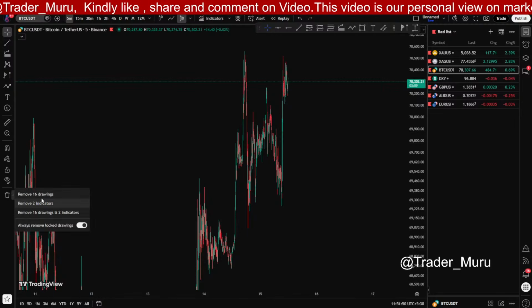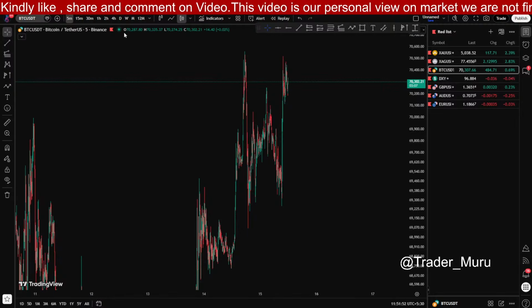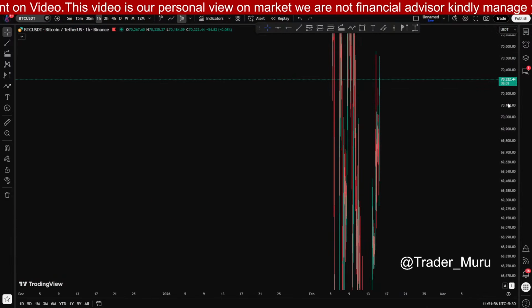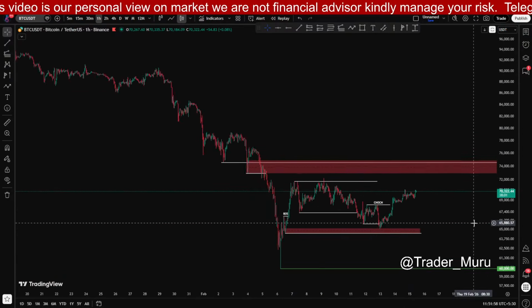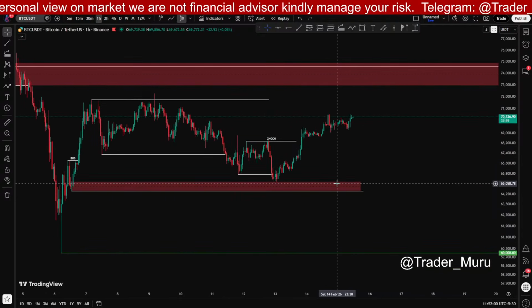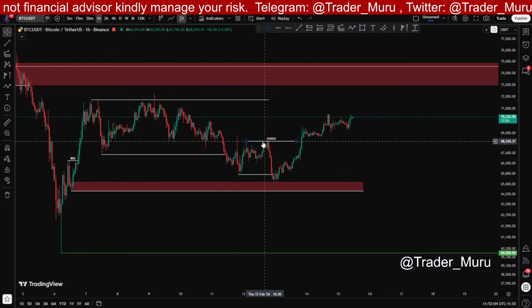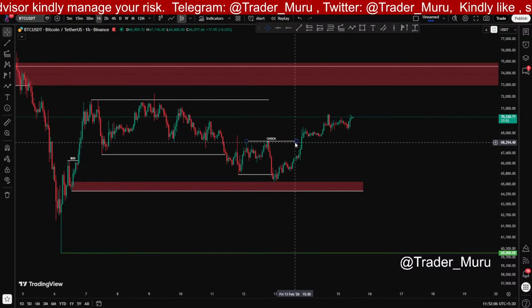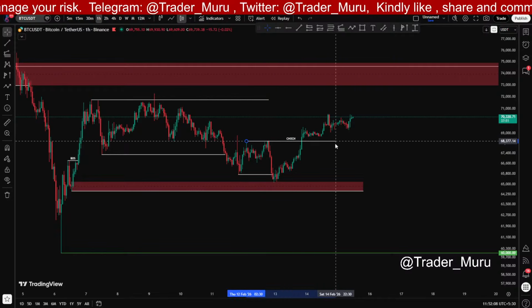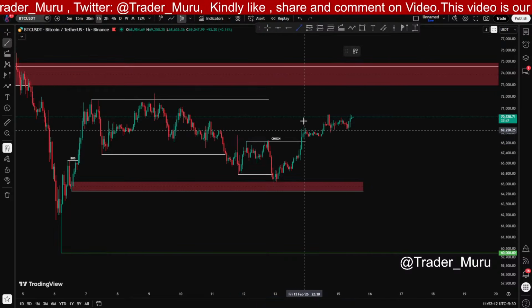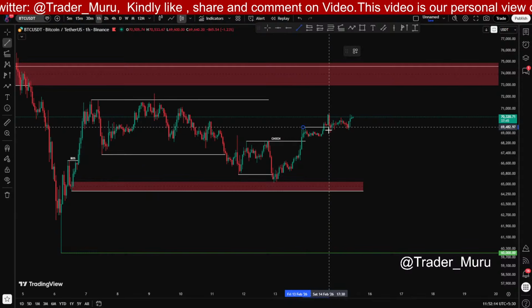BTC. If you guys know, we were watching this area in BTC yesterday. On Friday we were watching for the change of character above this area in BTC. Then we have this change of character and price has created another breakout structure here.